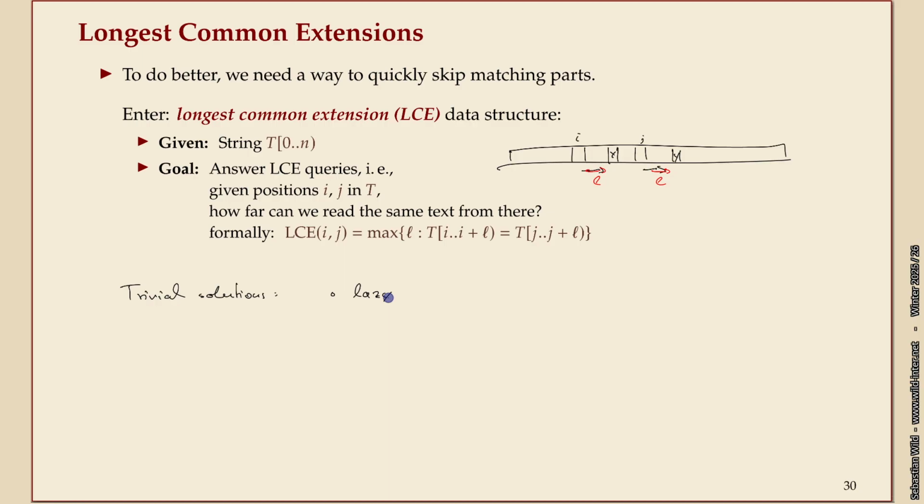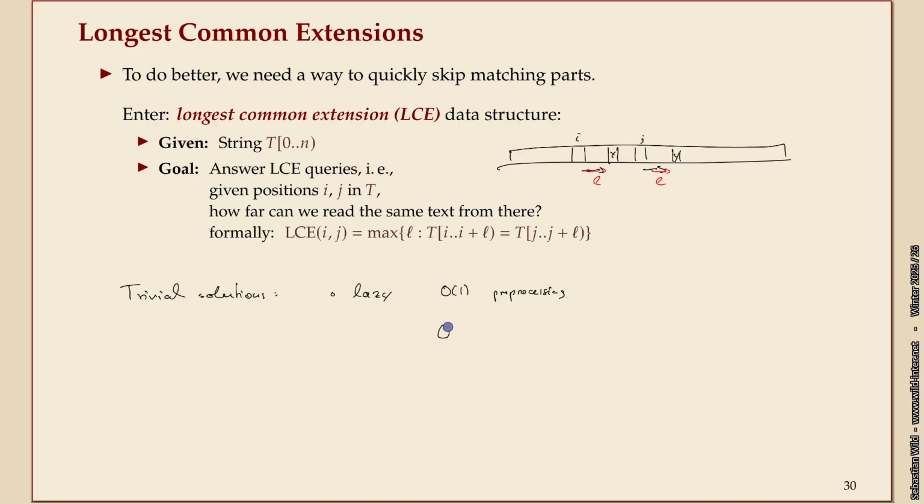No pre-processing, but whenever someone asks you for an LCE query, the only thing you can do is start at the position i and j and read from there to the right until you fail.